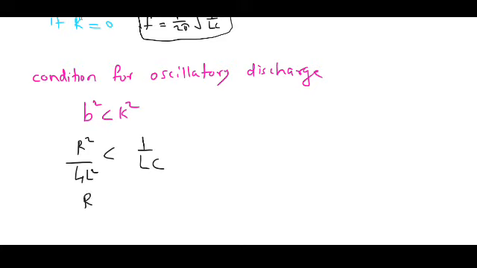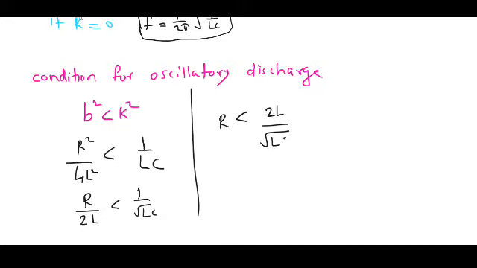Then if I take the square root, it will be R by 2L less than 1 by root of LC. Or we can write R is less than 2L by root LC, that is R is less than 2, dividing L by root L, root L by C.